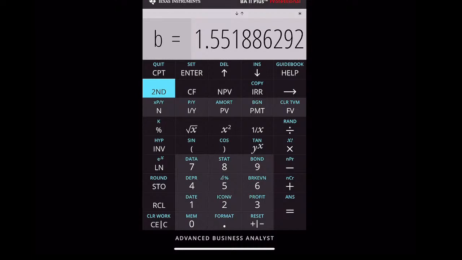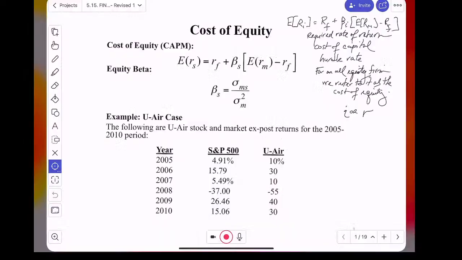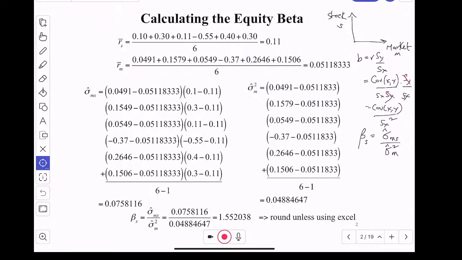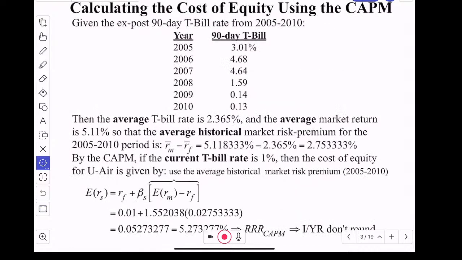So that's how you can get those out of your calculator. You see, 1.552038. You could also do this in Excel. But there you go, that's the beta, 1.55. Any questions?